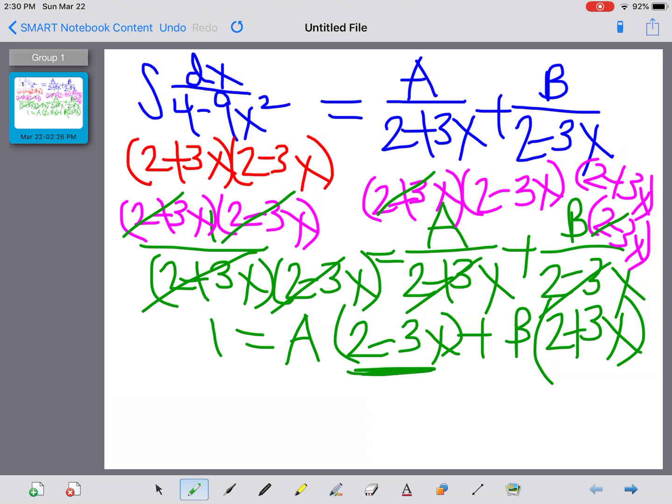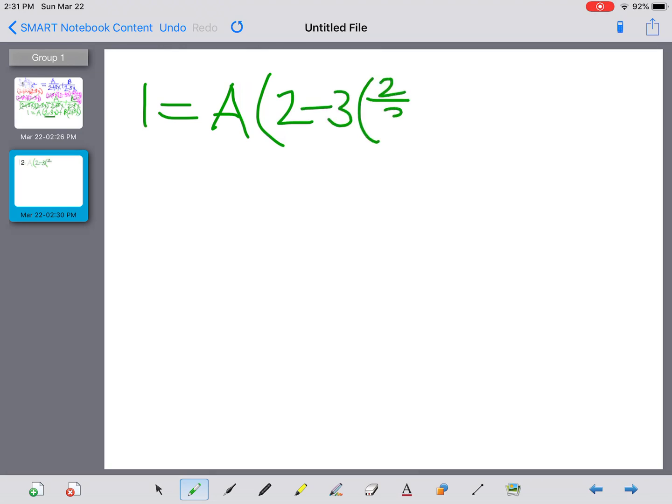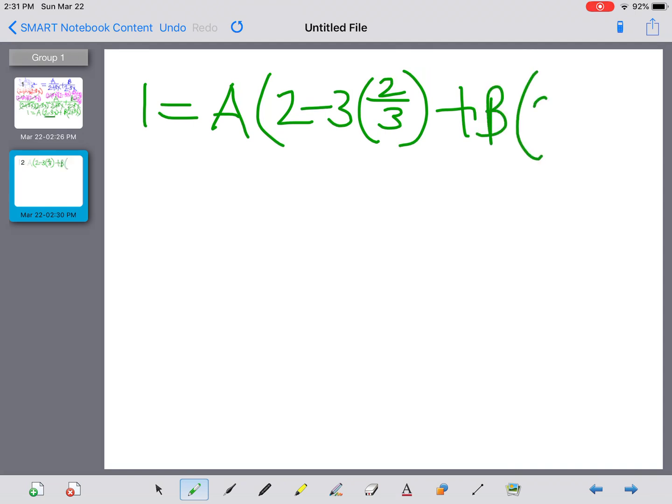What would make this first binomial 0 is if x was just positive 2/3. So let's plug in 2/3 everywhere we see an x. So we have 2 minus 3 times 2/3, plus B times 2 plus 3 times 2/3.